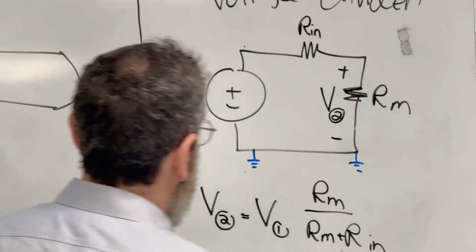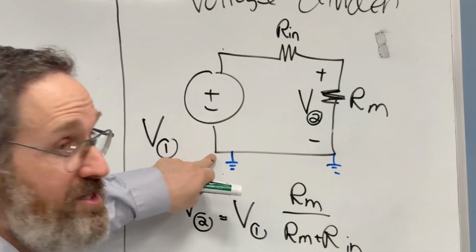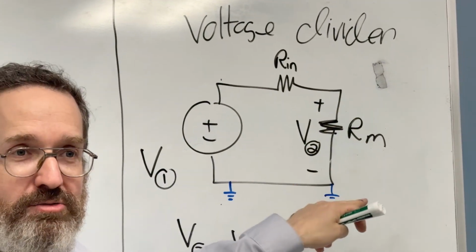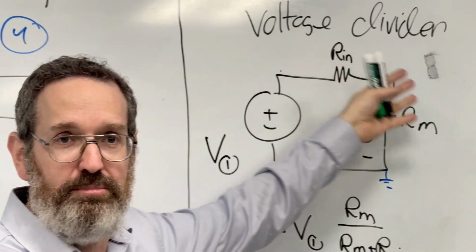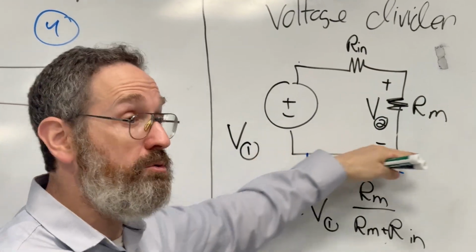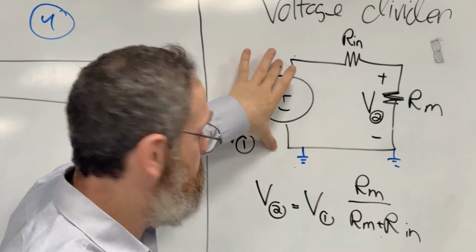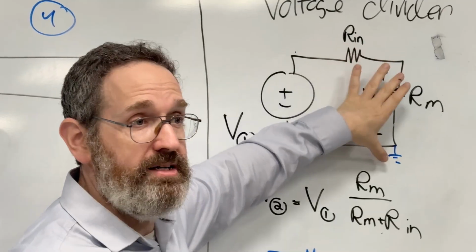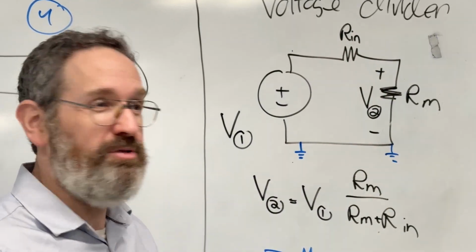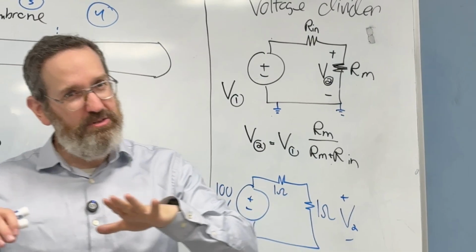V1 is relative to this reference, and V2 is relative to this reference. We kind of assume that's implicit, but that's what was being done here. When I was writing V1, it was this point minus this point, and V2 was this point minus this point, but it was the same point. That's why everything became so easy. But it was in the background.